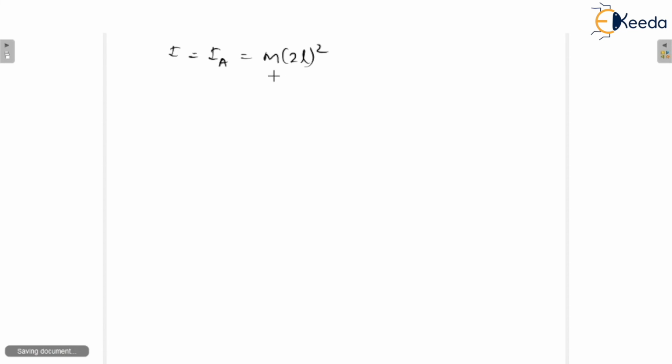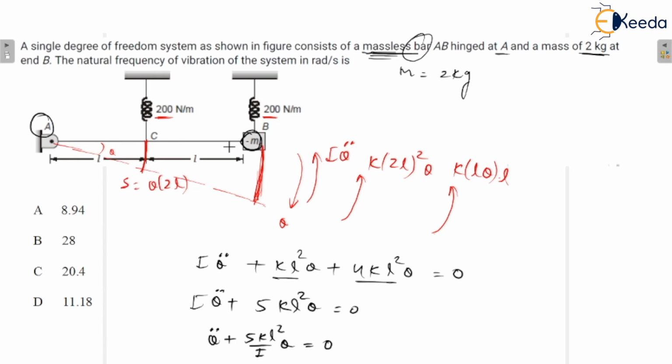See, one important thing that you have to consider: I am saying that the mg torque is not going to be considered. I am explaining both things. This is a massless bar, but some mass is attached at the end of the bar.